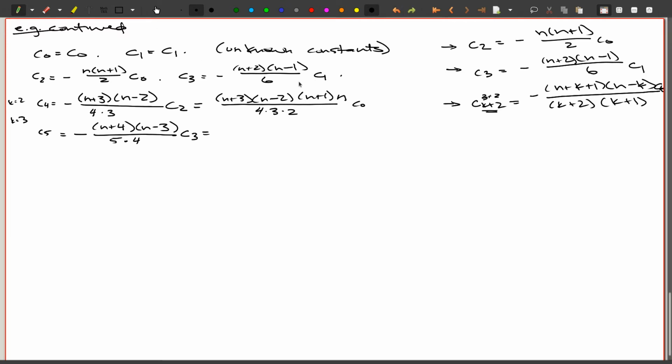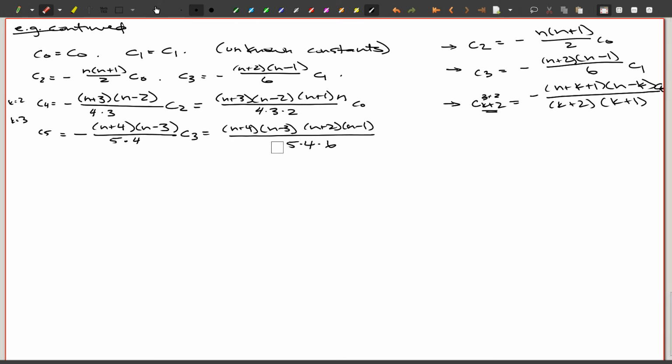And then when we plug in this c sub 3, the negatives cancel out again. We'll have n plus 4 times n minus 3 times n plus 2 times n minus 1 all over 6 times 5 times 4. Oh, you know what? I'll do it in the order it came. 5 times 4 times 6, all times c sub 1.